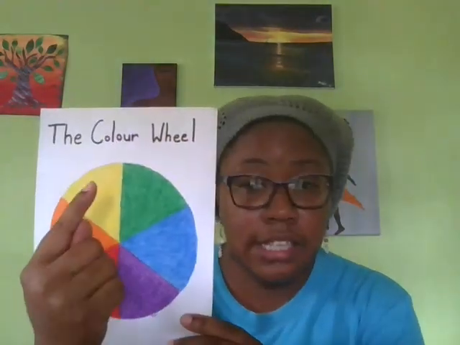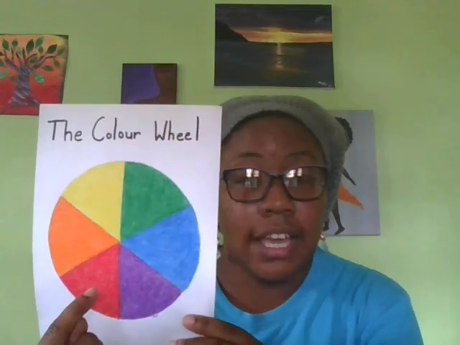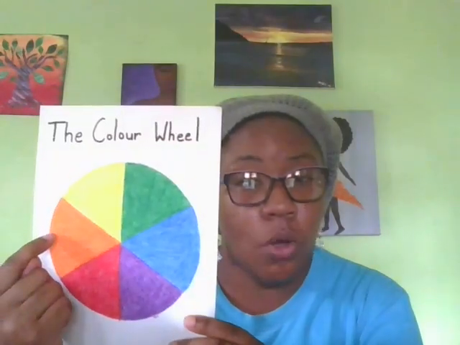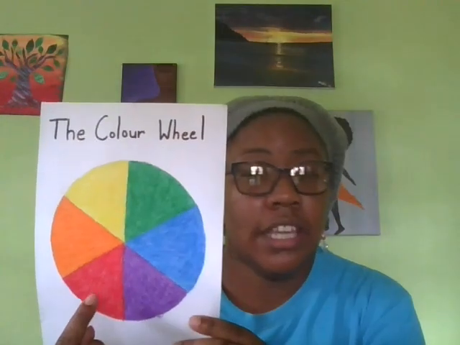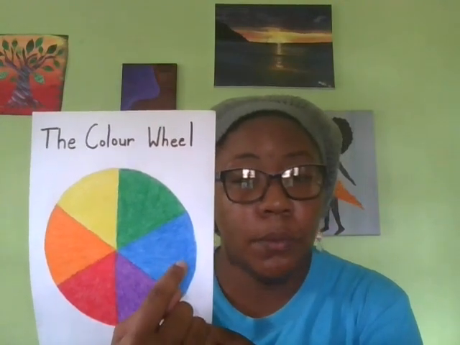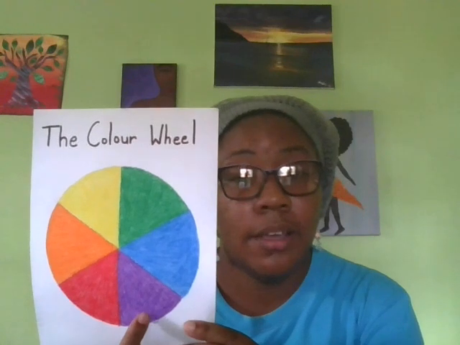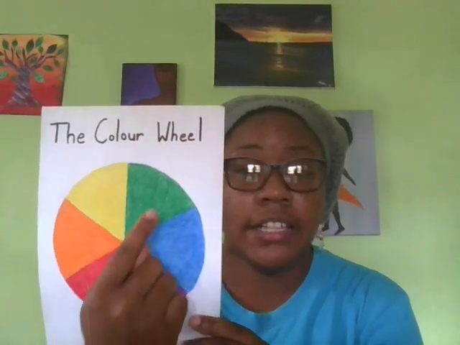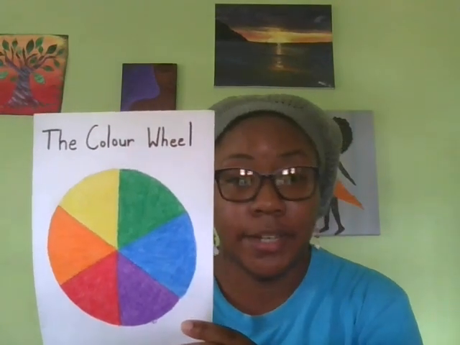If you were to take yellow and red and mix them, you would create the color between, which is orange. And if you were to take red and blue, you would create the color purple. So purple, orange, and green are our secondary colors.